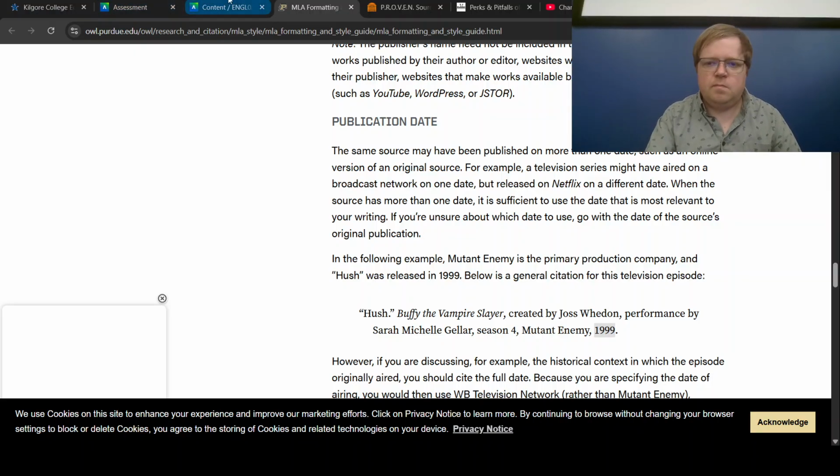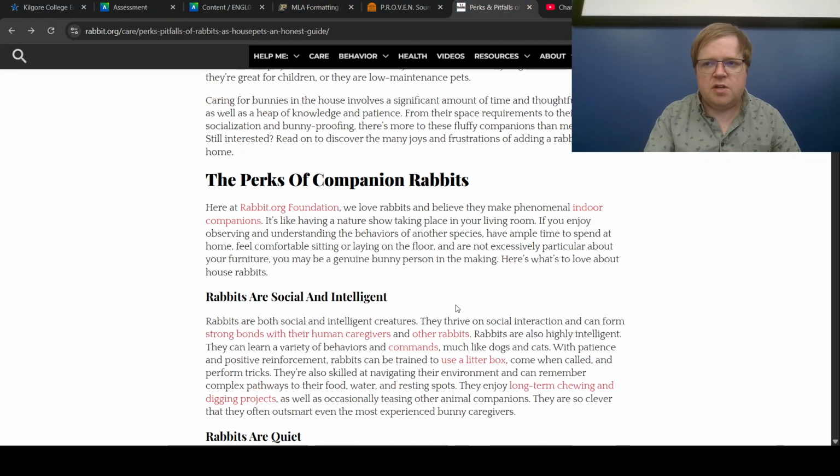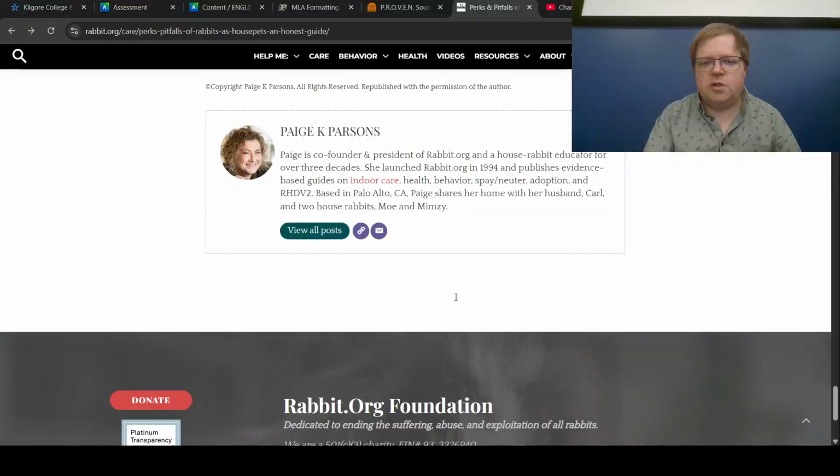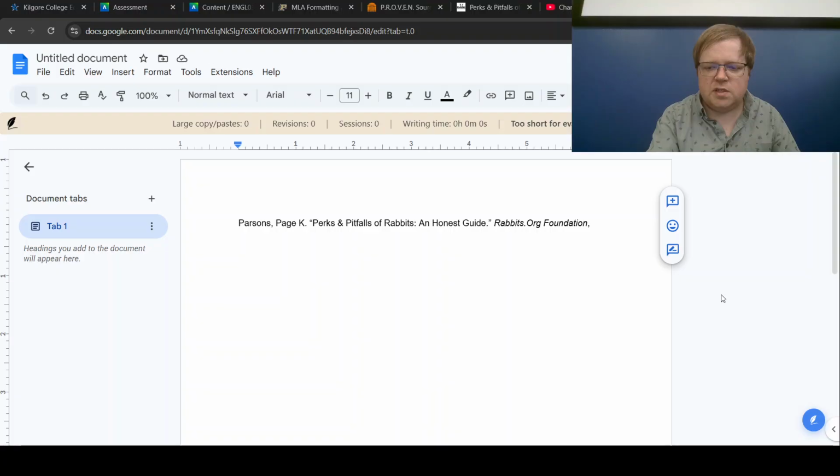Publication date. So we don't have a date for this one because it doesn't actually say a date on here anywhere, which means we are going to go with the year that we are in right now. So just 2026.